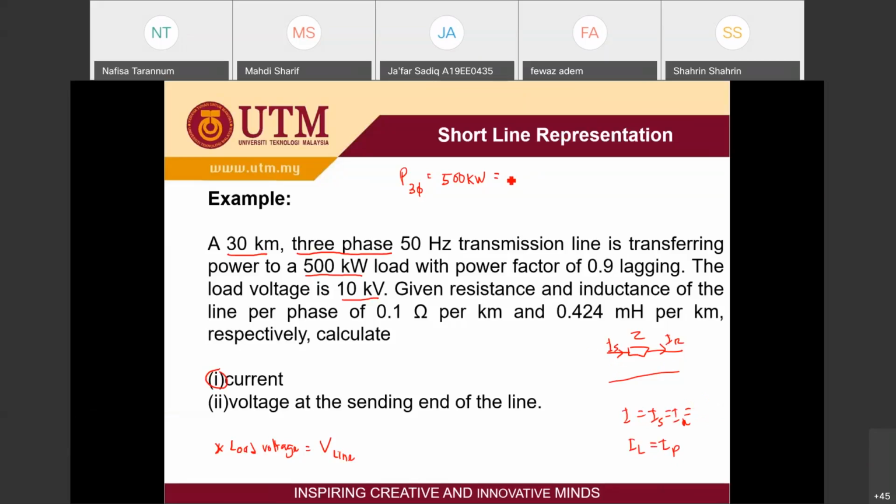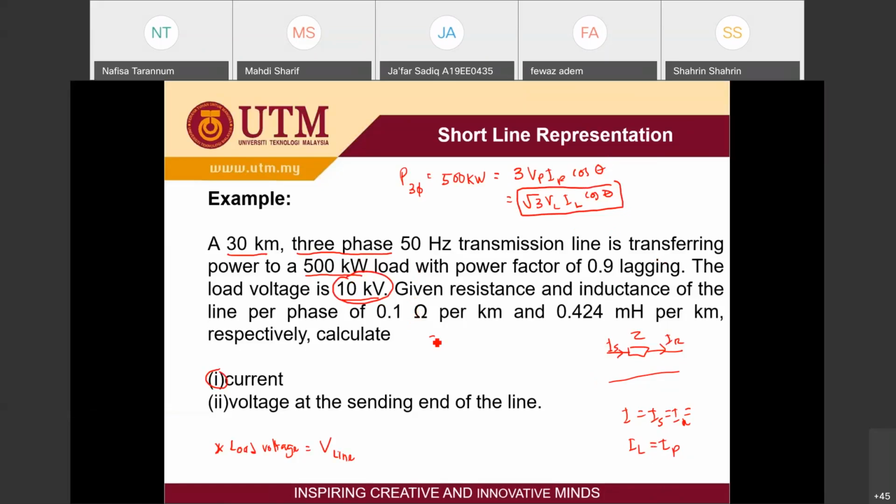So you can use 3 V phase I phase cos theta, or you can also use square root 3 V line I line cos theta. You can use both. But since the voltage is given in V line, and I line is also your I phase, I think it's better to use this.